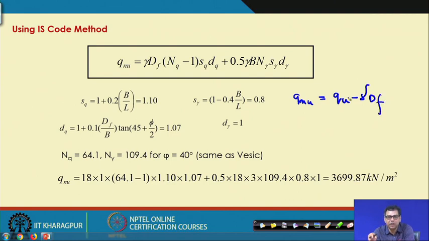This is fine for Terzaghi's bearing capacity, because there are no factors like Sc, Dc, Ic. But in other cases, if you write it in this form, then you are also multiplying the factors Ic, Iq, Dq and Sq with the gamma Df. So I recommend that you use this form.